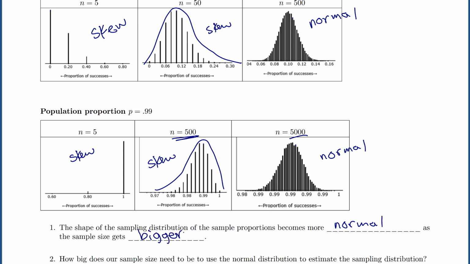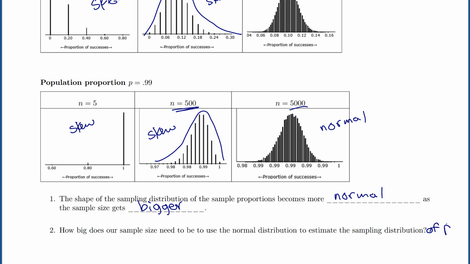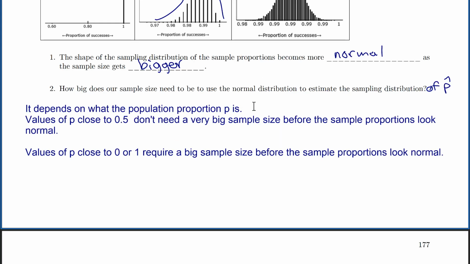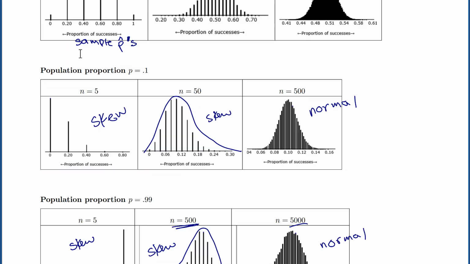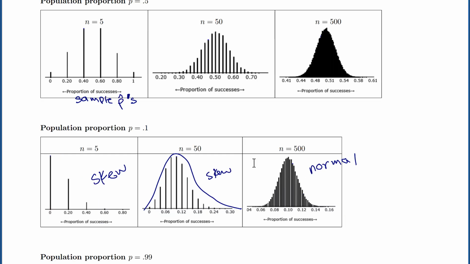But the question is, how big does our sample size need to be to use the normal distribution to estimate the sampling distribution of p hat? The answer is it depends on what the population proportion p is. When my population proportion was 0.5, even at a sample size of 5, we're looking pretty close to a normal distribution. By the time we get to 50, we look really quite good.